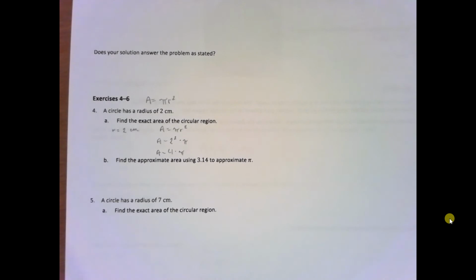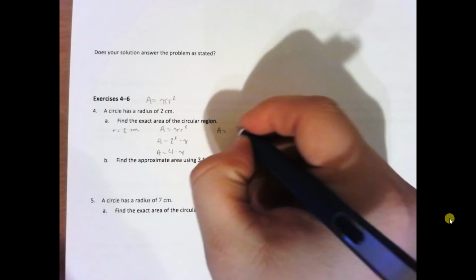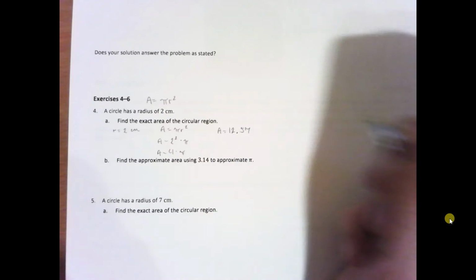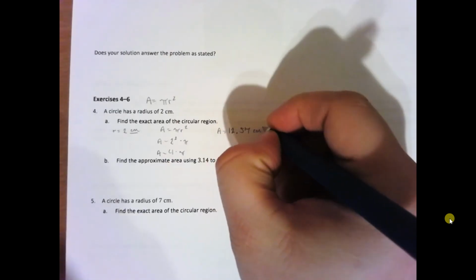So 4 times pi equals, see if I can get that done. There we go. Area equals 12.57 centimeters squared.